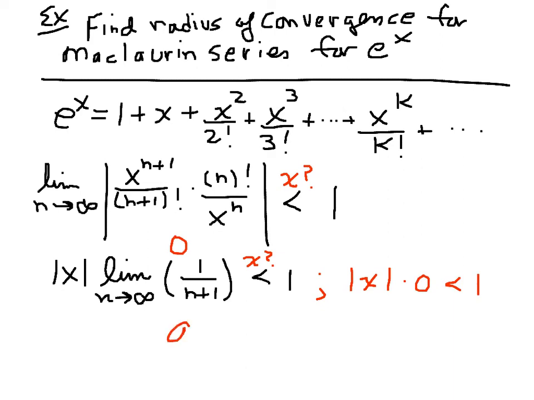All values of x. In other words, this series will converge to e to the x for all real values of x. Pretty impressive. It'd be worth it for you to try to do the same work with the Maclaurin series for sine x and cos x, and you should be able to discover that each of those converges for all real numbers also.